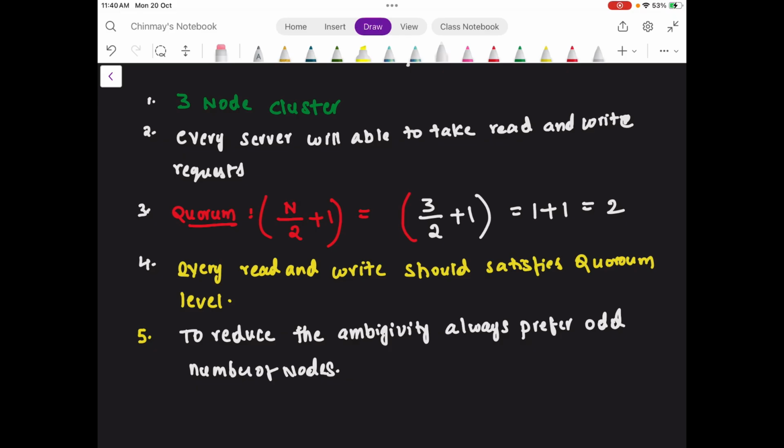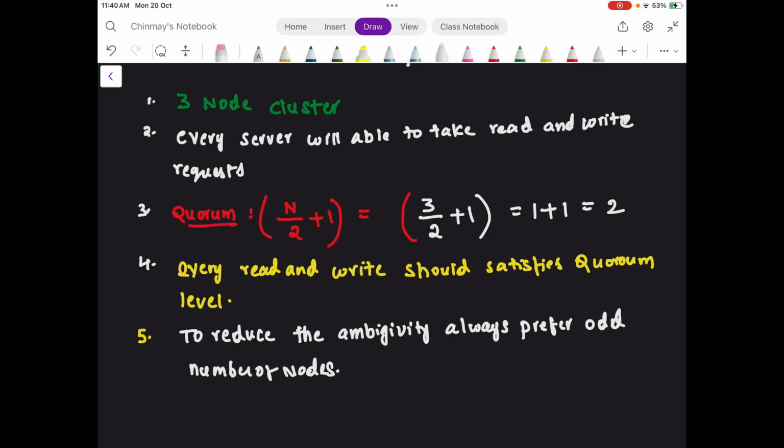It is okay to take an even number of nodes, but it becomes complicated to calculate the quorum levels. For example, if you take 4 nodes instead of 3, 4 by 2 plus 1 is 3, so 3 nodes out of the 4 should satisfy it. If 2 nodes go down, your cluster goes down. So always prefer an odd number of nodes, so that your quorum level is perfect.